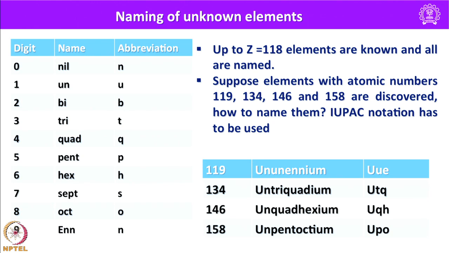In the same fashion, atomic number 134 can be named un-tri-quadium, atomic number 146 can be called un-quad-hexium, and the element with atomic number 158 can be called un-pent-octium. So, this is how we can name elements without any problem until they are given names using the IUPAC system.